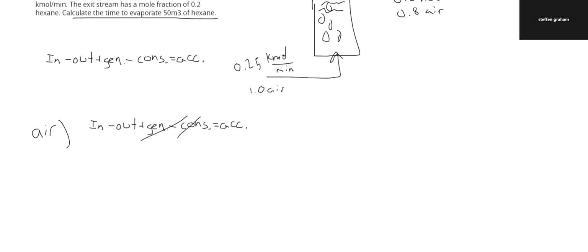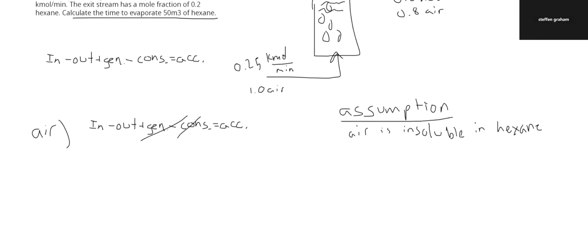And then I guess we have an assumption here that the air is not dissolving in the hexane, so we can say that the air is insoluble in hexane. That might be given to you by your teacher, but that's an assumption that we're making here.